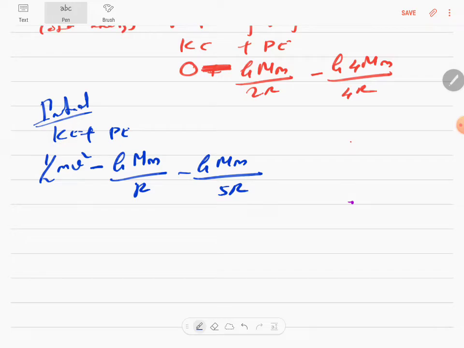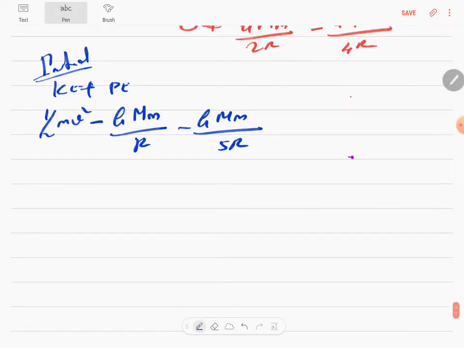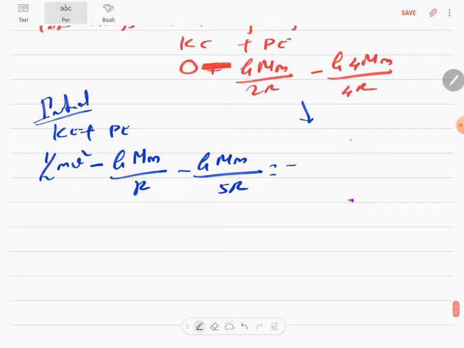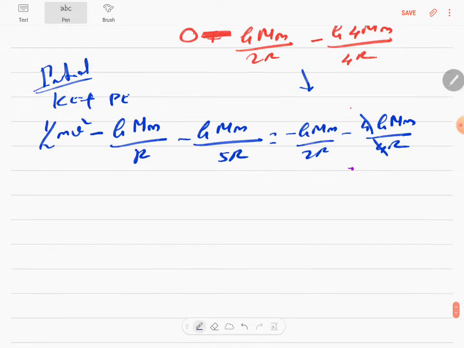So this is the total energy initial, and the total energy initial should be equal to the total energy at the neutral point. So I can equate this to this, which is minus G capital M small m by 2r minus 4 capital G capital M small m by 4r. The 4 and 4 here cancel out. So with this I can consolidate and find the velocity.